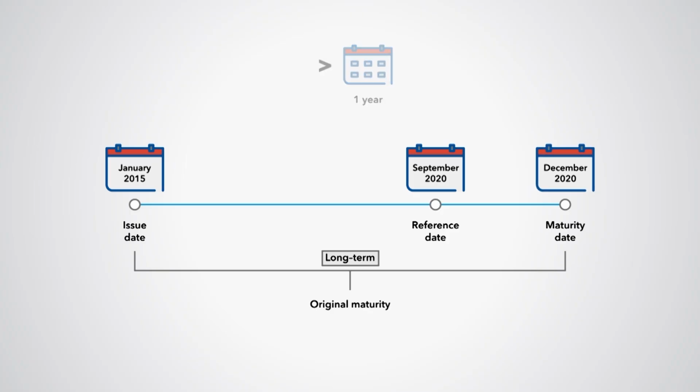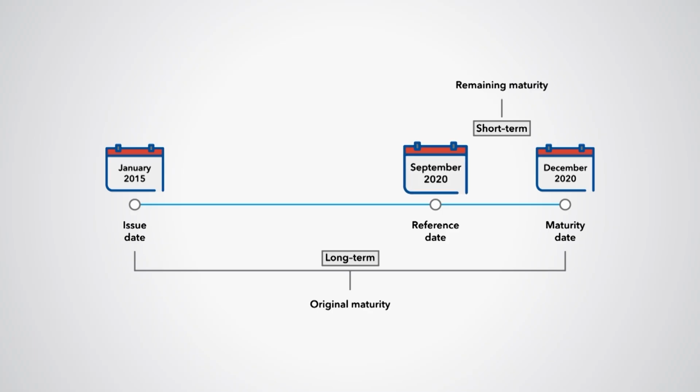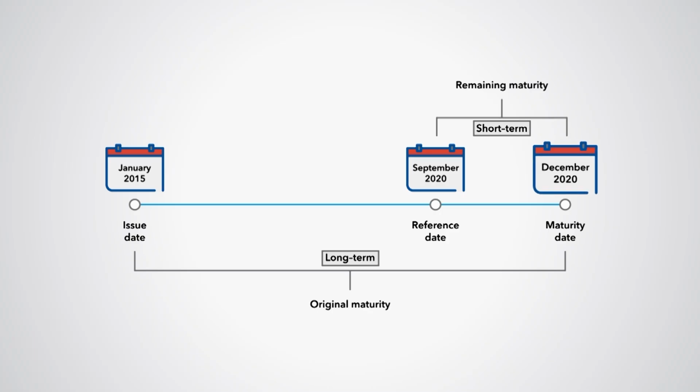The same loan would be classified as short-term according to the remaining maturity criteria, as from the reference date, September 2020, until the due for payment date, December 2020, there are 4 months, less than 1 year.